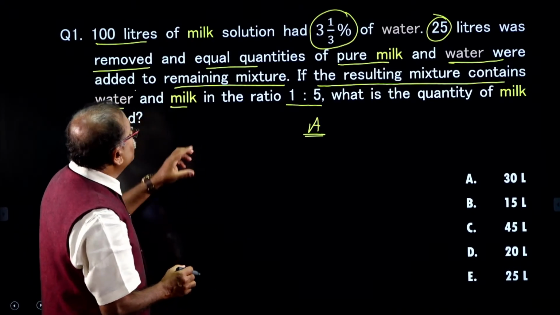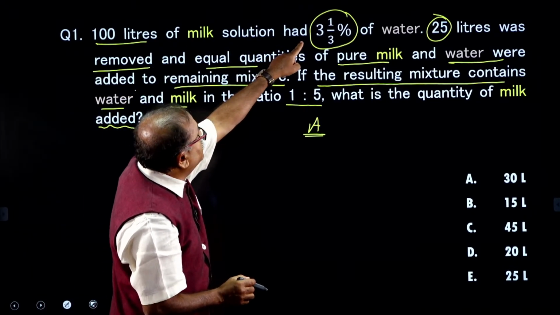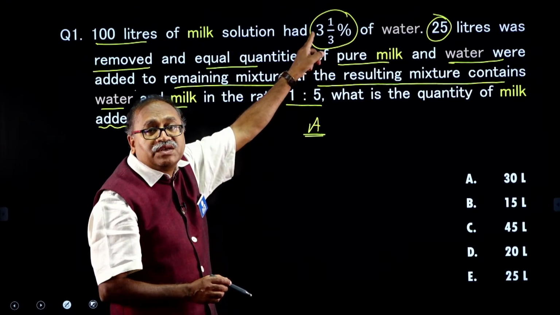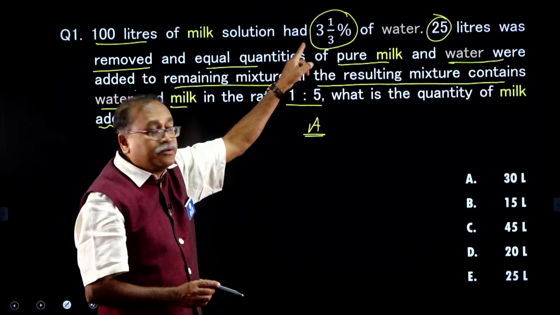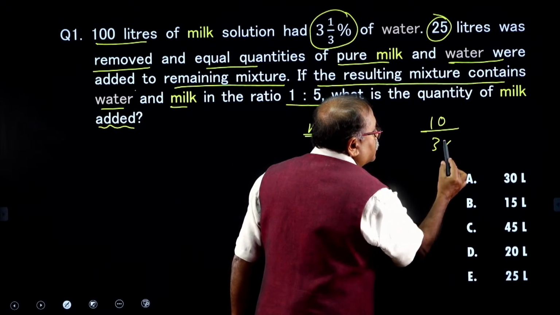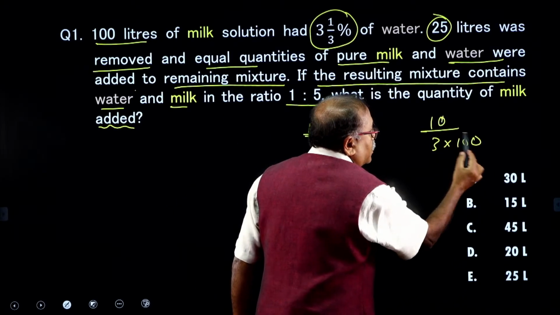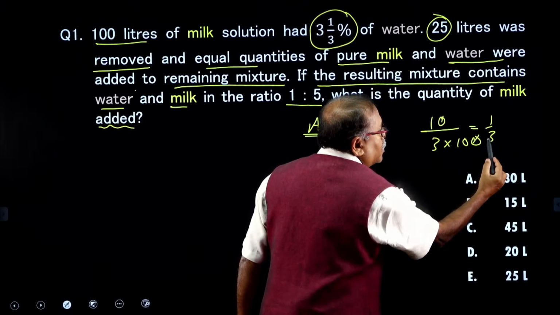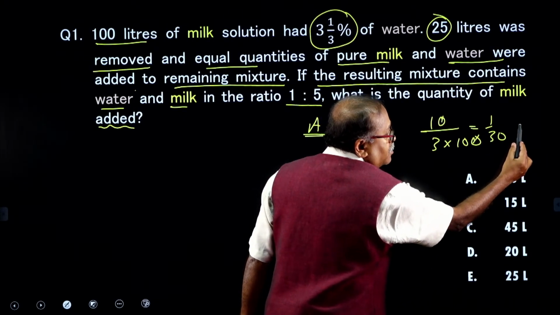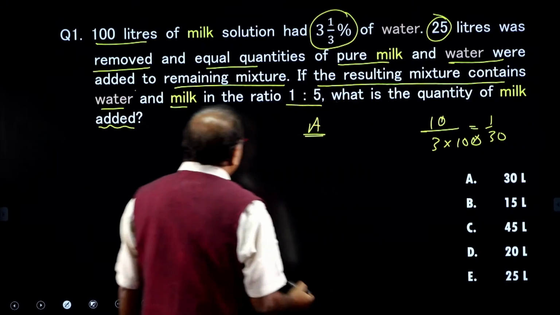So, here I will consider that in the milk the water is 3 1/3%, that is 10/3% here. Now, 10/3% can be written as a fraction 10/3 into 1/100 and that comes 1/30.